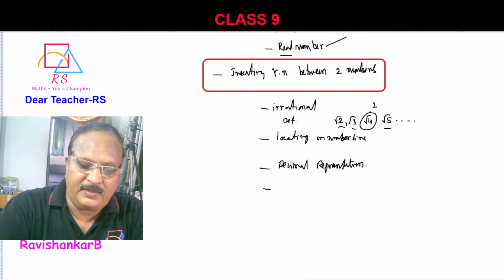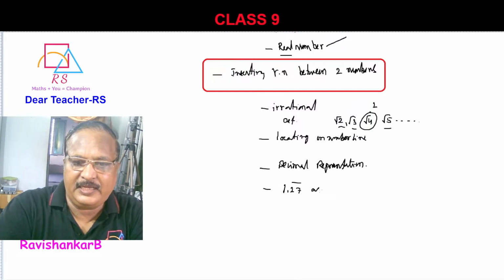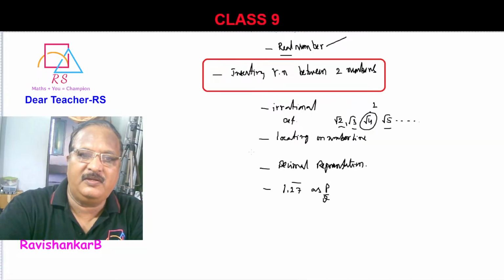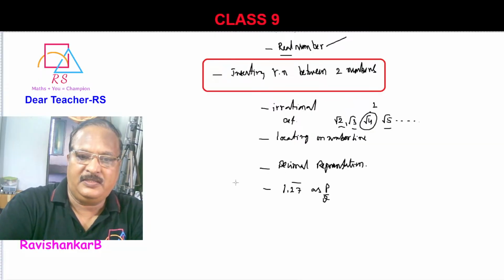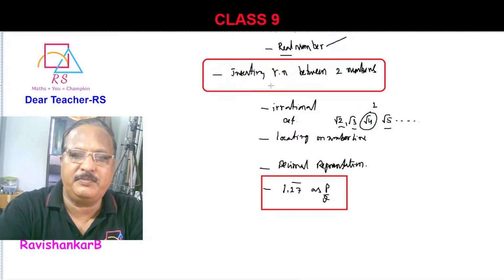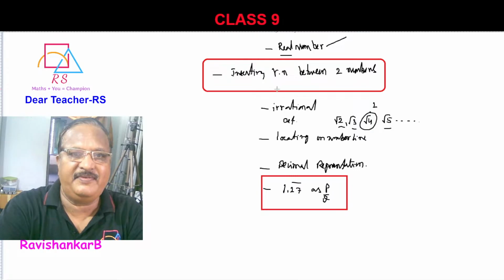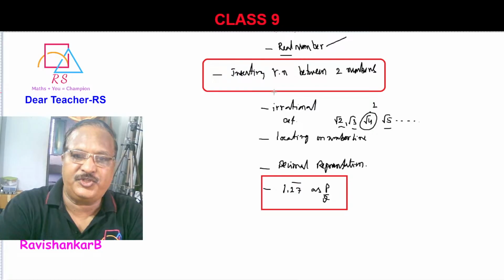In this, one important question is there: express 1.2 root 7 as p by q form. This is a very, very important question. I don't think a representation of decimal numbers will be given in the exam paper, but this question you may get in the examination.